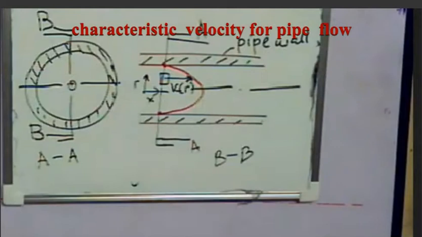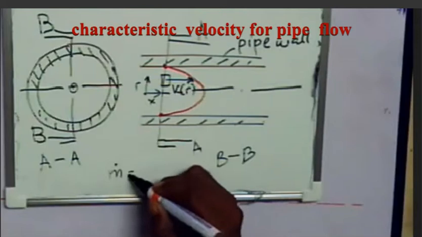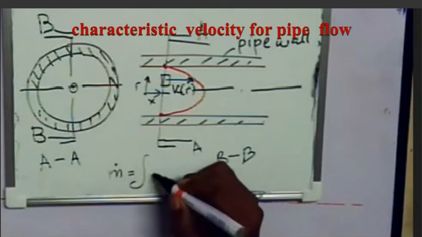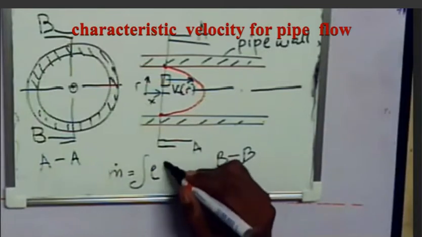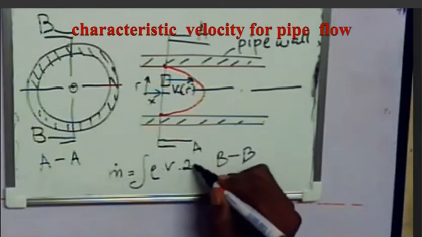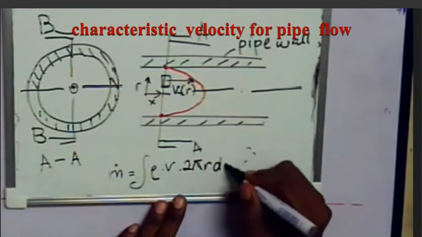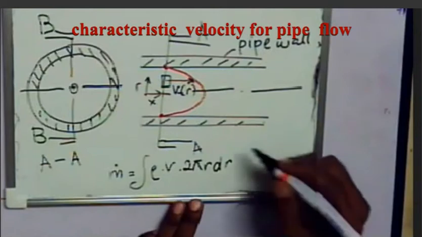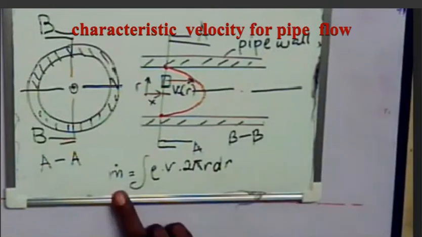And in order for us to evaluate the mass flow rate, for example, as given in the lectures, we have m dot equal to the integration of density times the velocity times 2 pi r dr, right? So this is the definition that we use to evaluate the mass flow rate.